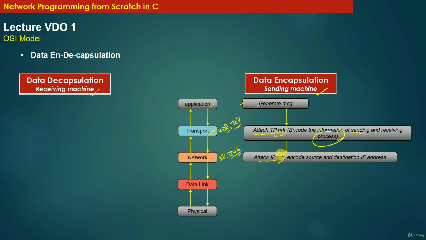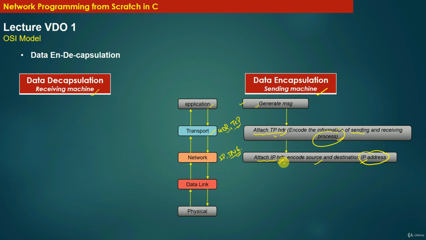And in this network layer header, what is encoded is the source and destination IP address. That is the identity of the source machine, that is the sending machine, and the identity of the destination machine. The identity of the machines is identified using IP addresses. So what is encoded in the IP header is the identity of source and destination machines.